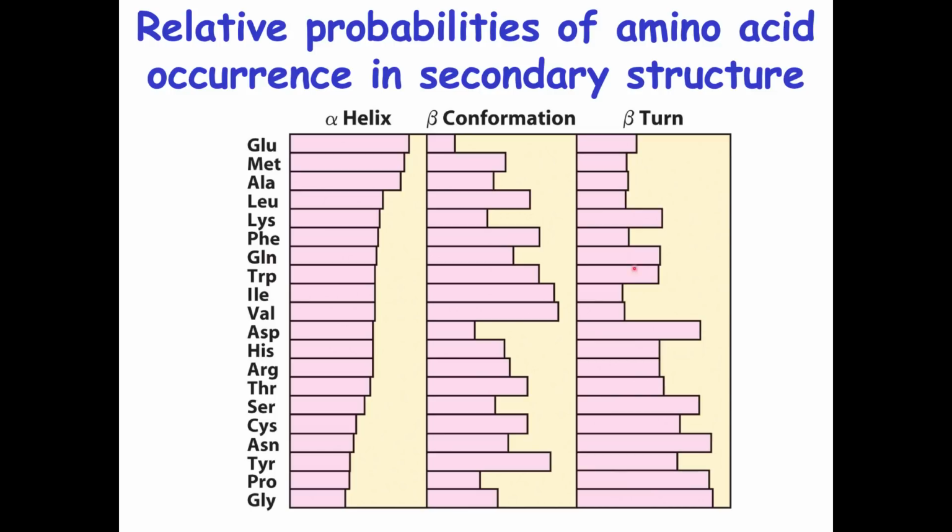Tryptophan, isoleucine, and valine aren't really found in beta turns very often. They're often found in beta conformations, and some of it is in alpha helices. But again, this just says that there are limitations imposed by the functional R groups that influence whether or not a particular amino acid is in a particular structure.